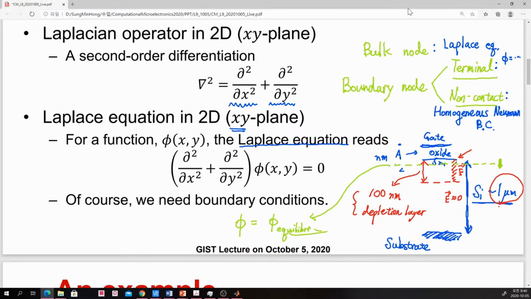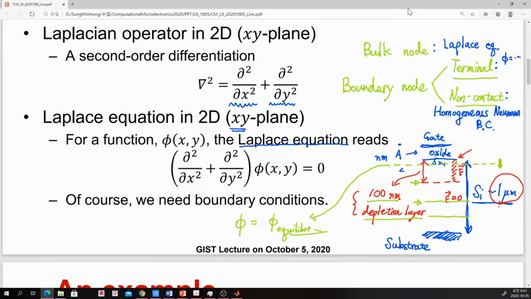Then what is the safe way to set the boundaries? If we have a 100 nanometer depletion layer, at least we have to expand our simulation domain up to 100 nanometer. Of course, this is too tight, and we have to have a certain margin. For example, 200 or 300 will be safe choices for our boundary.